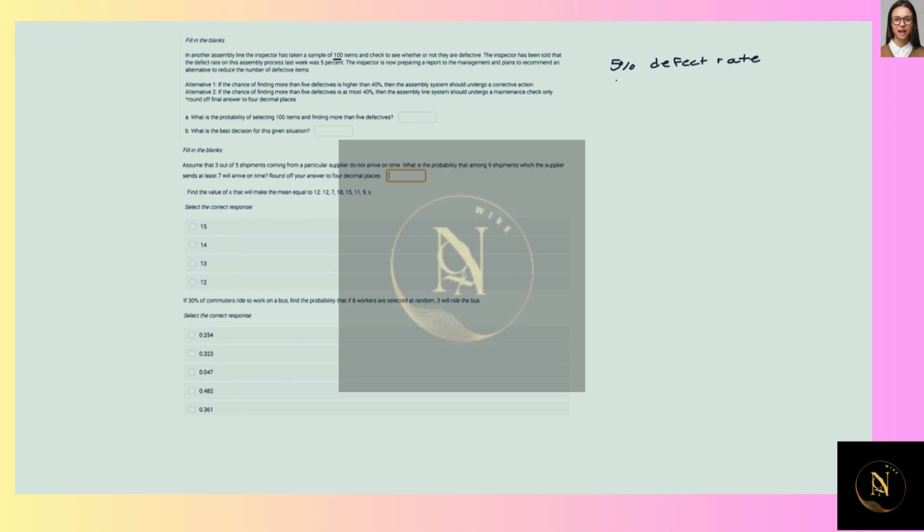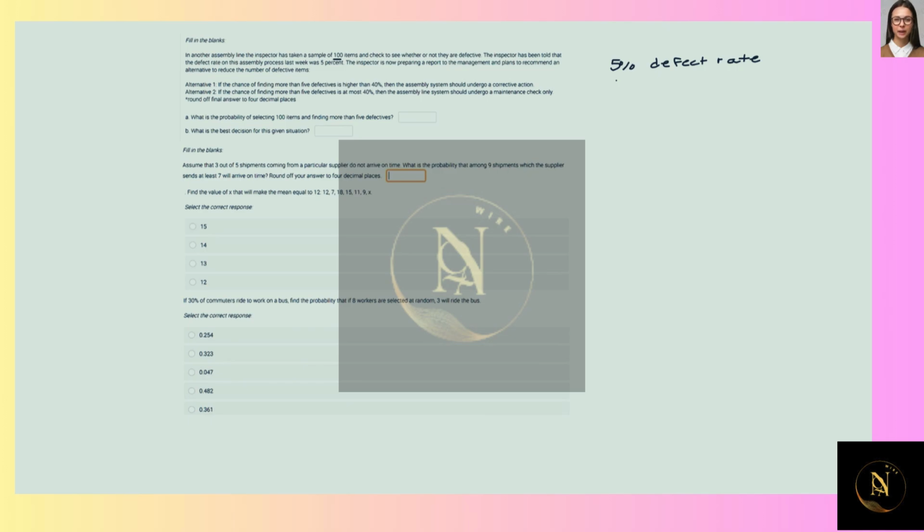The inspector is now preparing a report to management and plans to recommend an alternative to reduce the number of defective items. Alternative 1. If the chance of finding more than 5 defectives is higher than 40%, then the assembly system should undergo a corrective action.